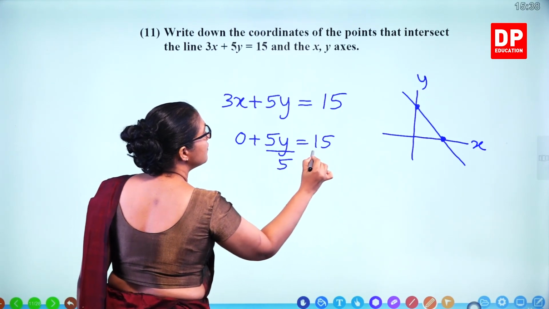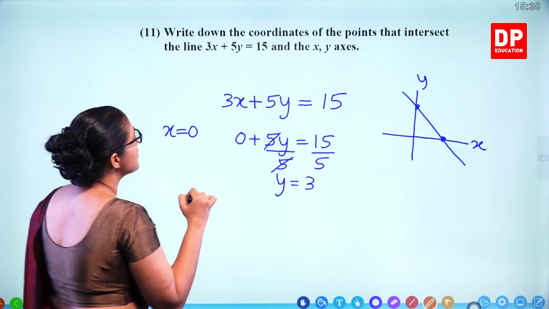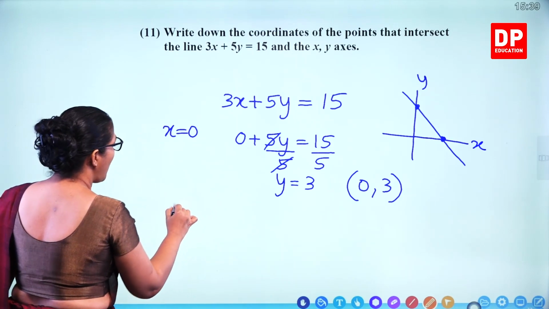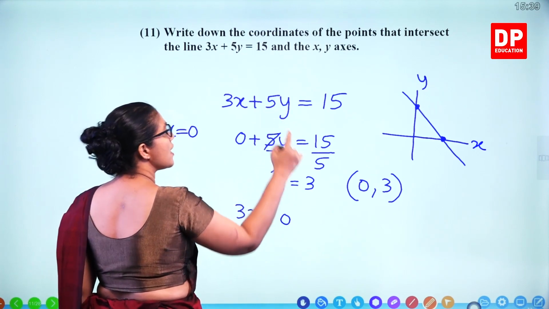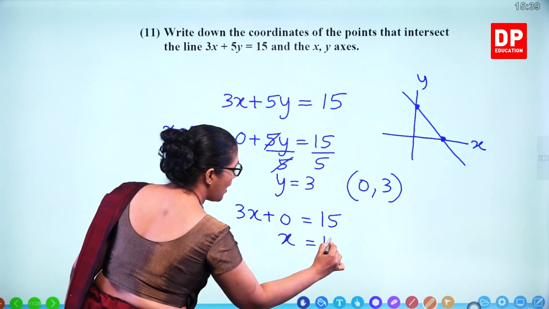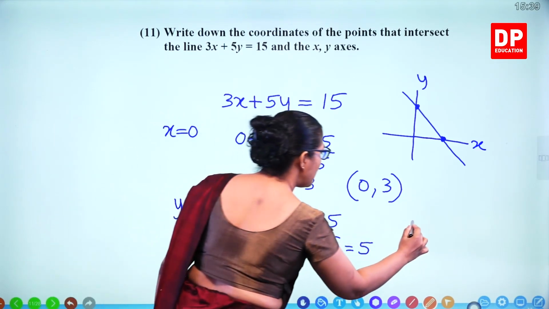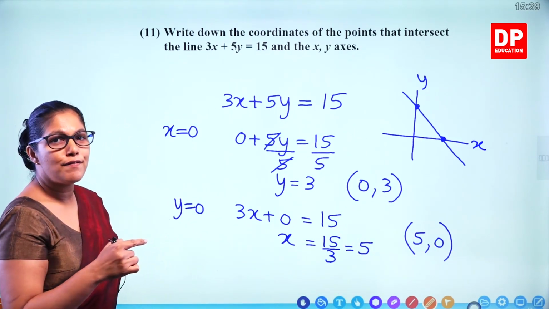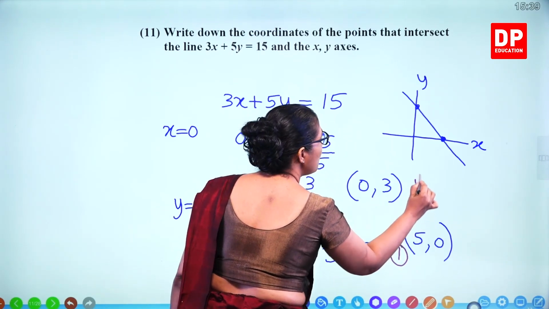Divide by 5, y equals 3. So the point is 0, 3. That's 1 point. When y equals 0, you get the other point. 3x plus 5 times 0, 0, is equal to 15. So what's x? You can divide by 3, that's 5. So the point is 5, 0. So the 2 points are 0, 3 and 5, 0. So 2 marks again, 1 mark and 1 mark here.